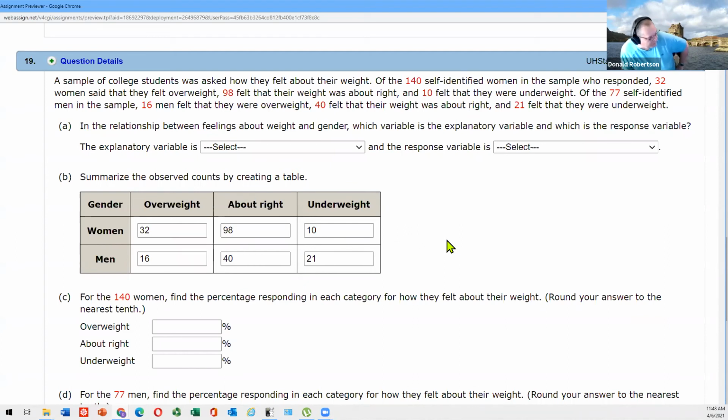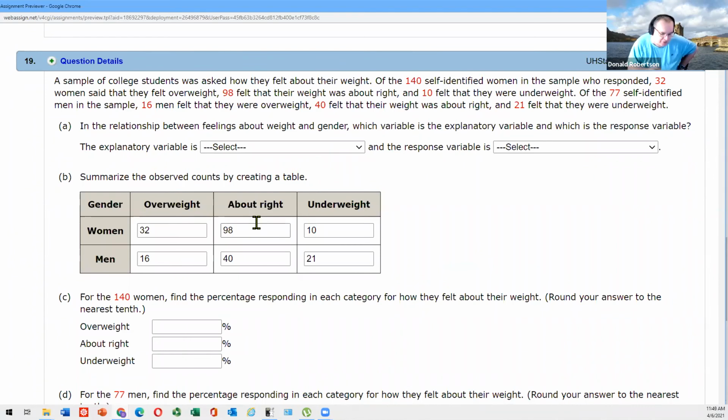Now, from this data, although it's only 6 numbers, we could draw quite a lot of interesting comparisons. If I'm just looking at the raw data, I can convert it into percentages.